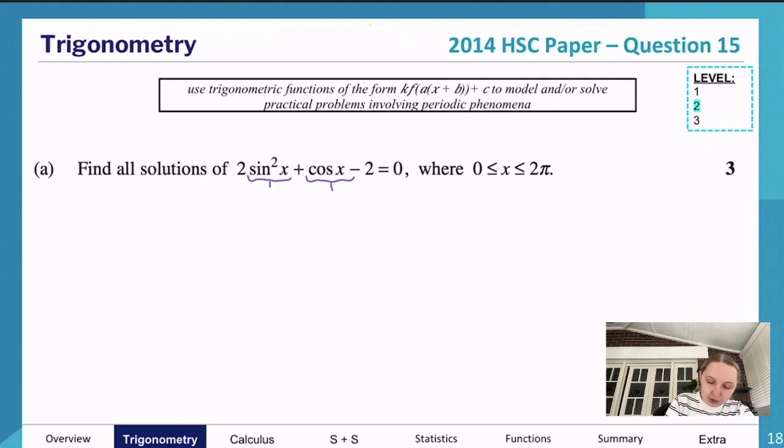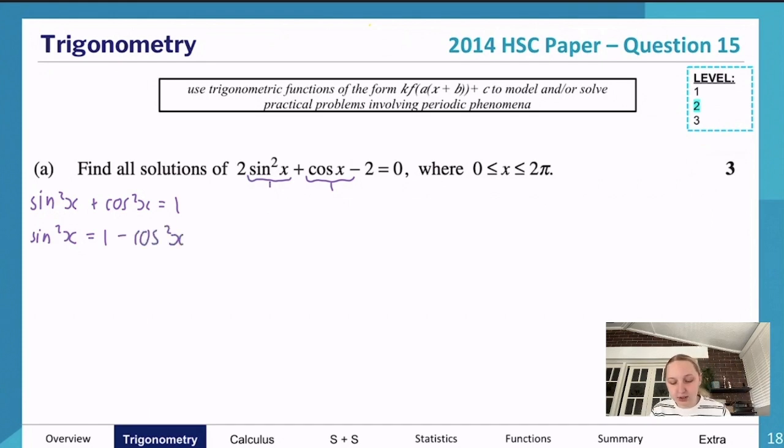Hopefully you guys are all familiar with the formula sine squared x plus cos squared x is equal to 1. So from that, we can say that sine squared x is equal to 1 minus cos squared x. Funny how that works when we've got sine squared x as one of the parts of the question, right?